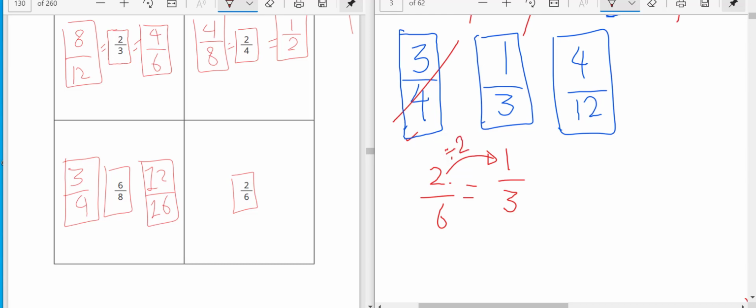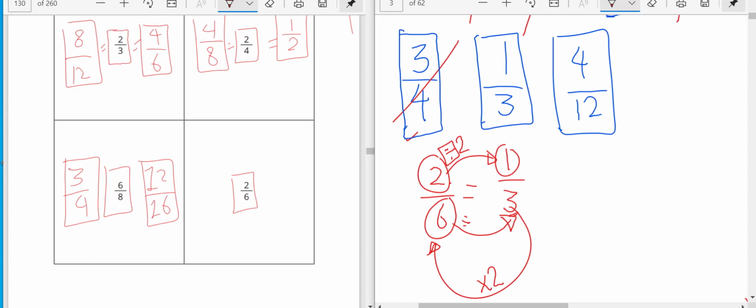This is a big number and this is a small number, so we divide. 6 becomes 3. 6 divided by what equals 3? Or 3 times what equals 6? Yes, 3 times 2 equals 6, or 6 divided by 2 equals 3. So 2 over 6 is equal to 1 over 3.